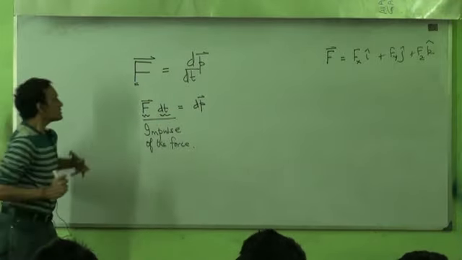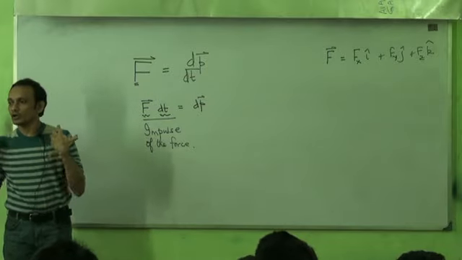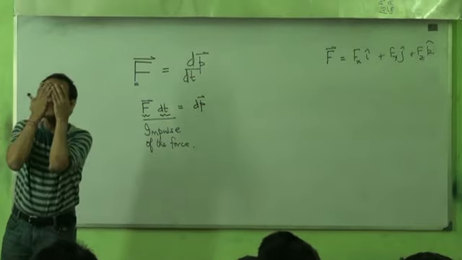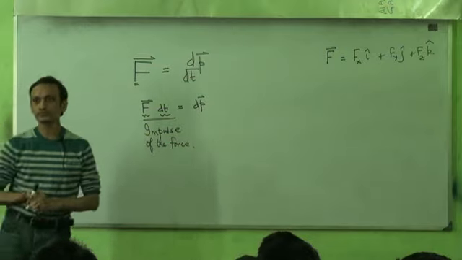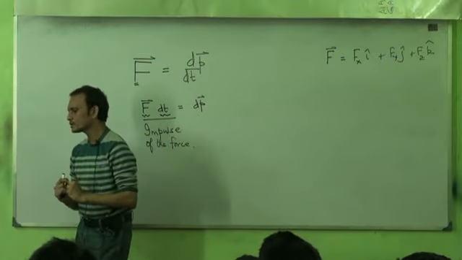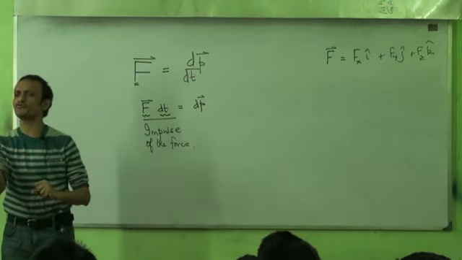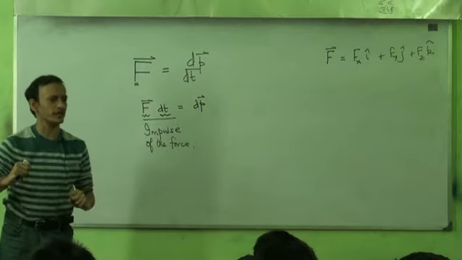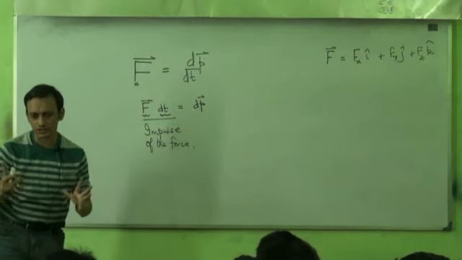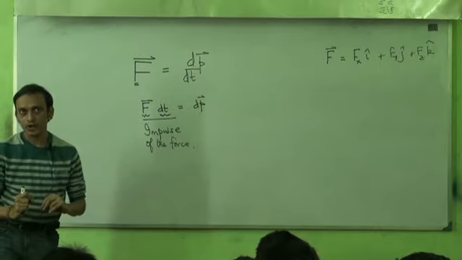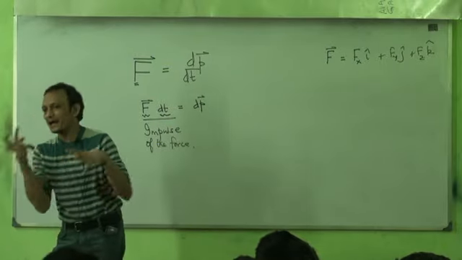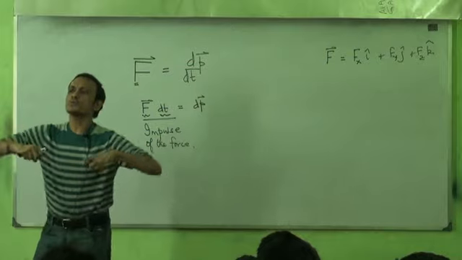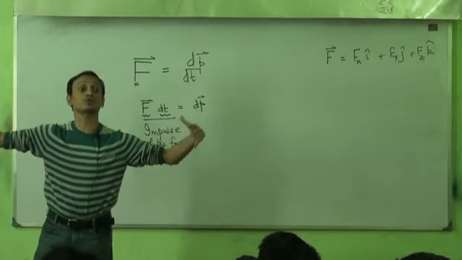Now, sometimes we would take recourse to certain approximations, in the sense that there could be a certain external force acting in a certain direction, but the magnitude of that force is much, much smaller compared to other forces.